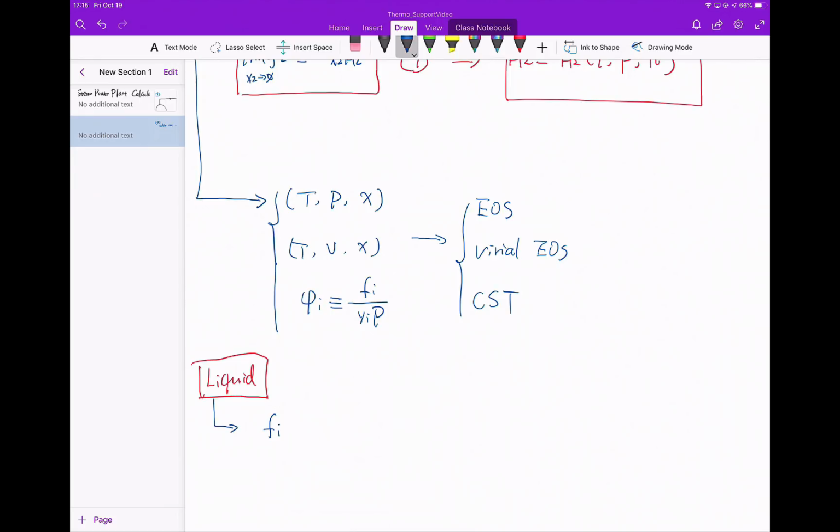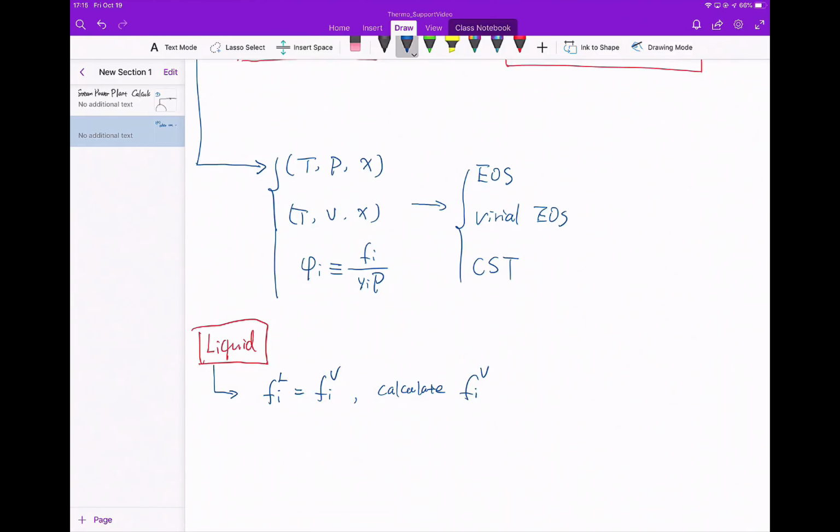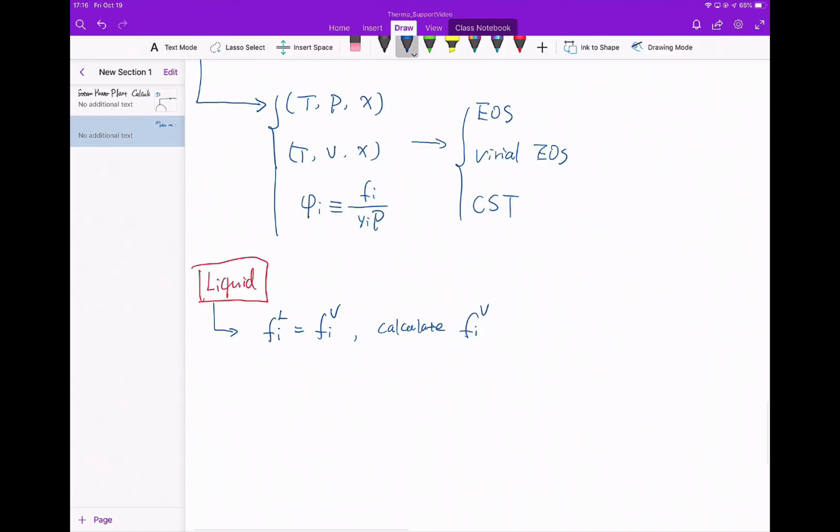One is fi of the liquid is fi of the vapor, and then calculate the fugacity of the vapor. Right? If we are able to identify a proper equation of state and calculate the fugacity of the vapor, then the liquid fugacity at equilibrium will be exactly the same value.